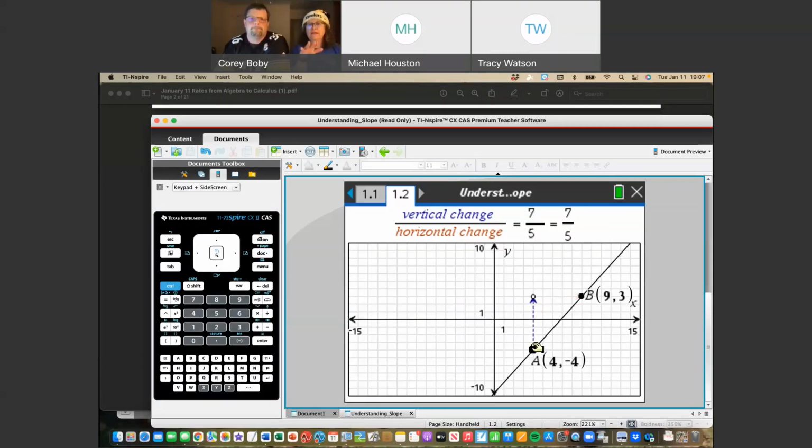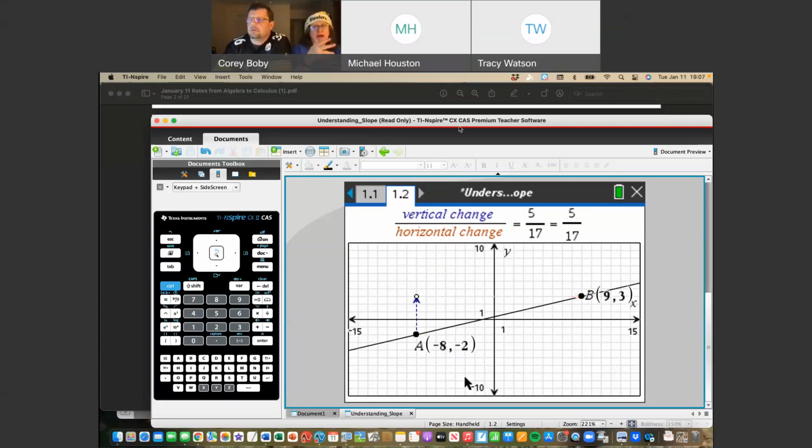One of the things I like about this document is how when they do their slope, they state vertical change over horizontal change. So it's not just delta y over delta x. It's very verbal about what it is. And the color matching is really helpful so they can see what they should be looking at. I want them to make the connections of where that 5 and 17 come from in the picture.